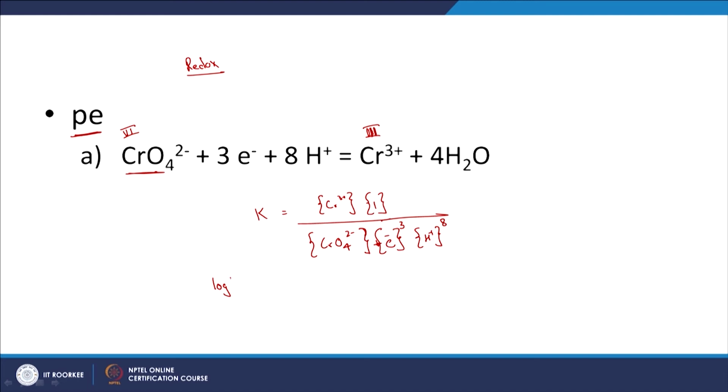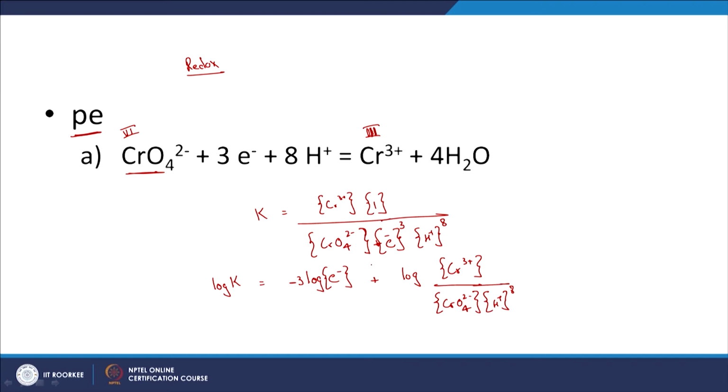So log K is going to be equal to minus 3 log activity of the electron, and what else do I have? I have plus log of, I am going to keep these terms as they are, Cr3 plus by CrO4 2 minus and H plus to the power of 8.